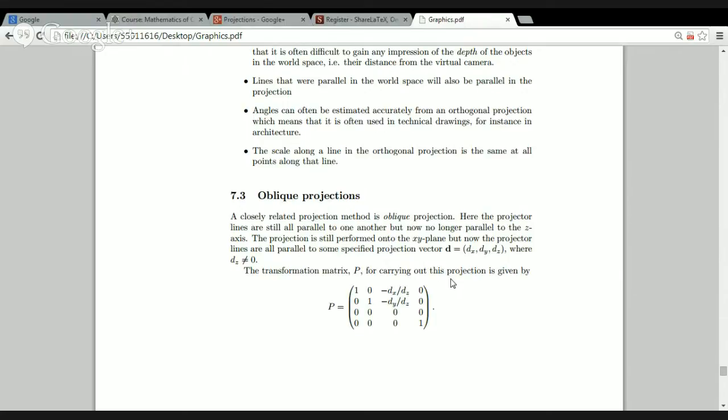It could have a certain pitch to it as well, and that's important because one of the things that oblique projection can do is take the original x-axis that was in the original world space, and through the use of an oblique projection, send that original x-axis in the environment onto the x-axis of the screen space.